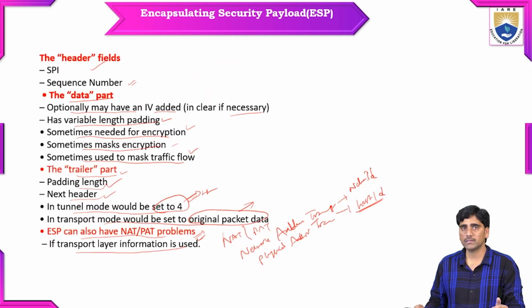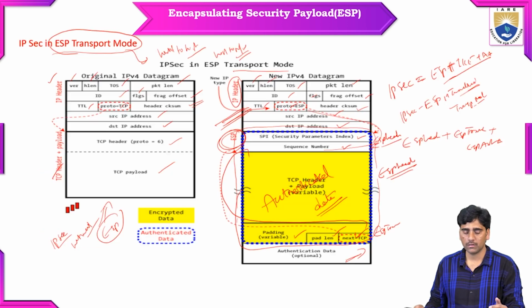And the header fields are SPI and sequence number, the data part contains variable length data, padding, encryption, traffic flow, and the trailer part contains padding length, next header, which would be set to 4, the original packet address and all. And here is IP security in ESP transport mode, and IP security ESP in tunnel mode.